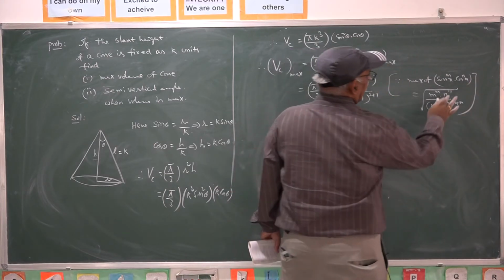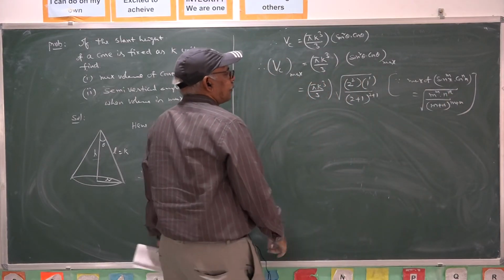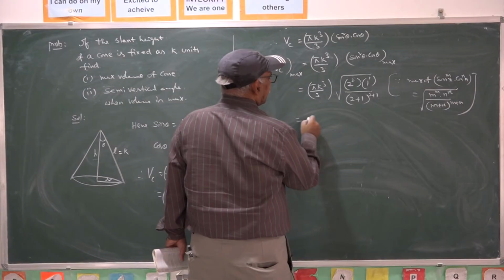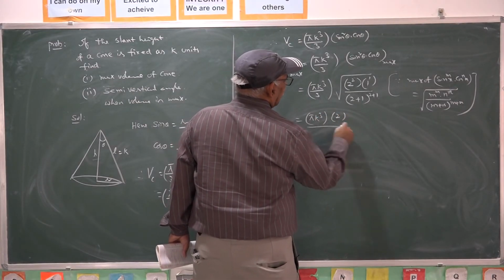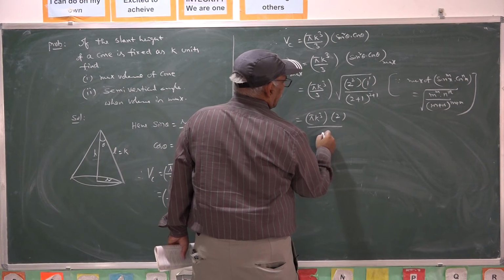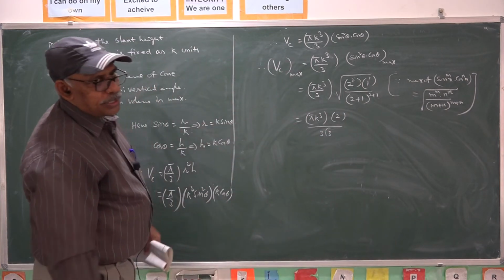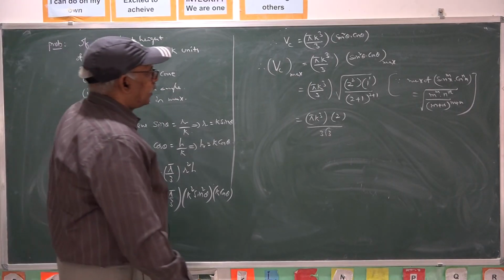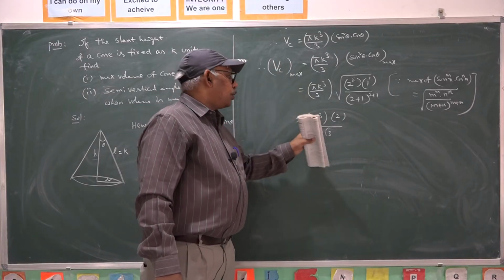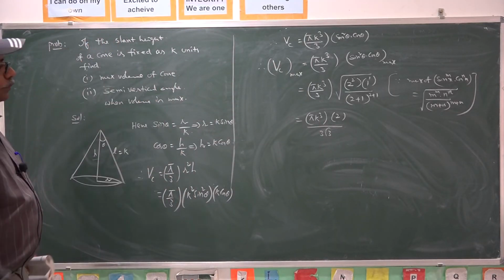I just applied this formula. So this is pi K cube by 3 into root of 4 by 27, which gives 2 pi K cube by 9 root 3. This is the maximum volume of the cone for the given slant height.